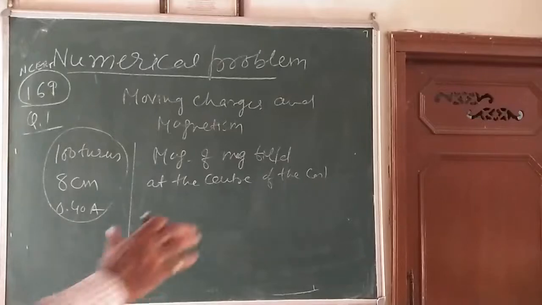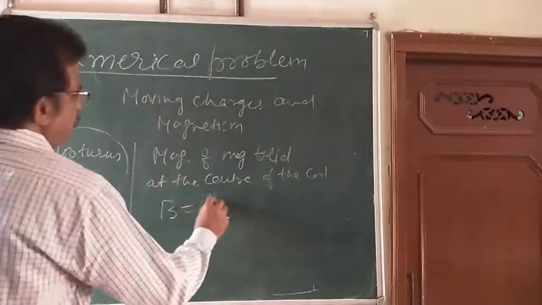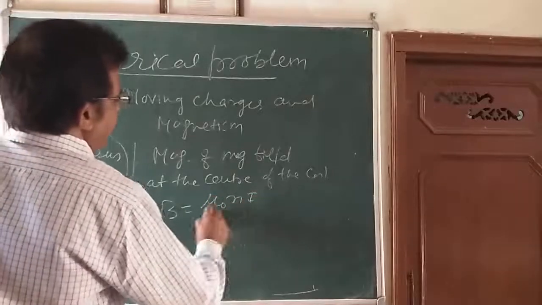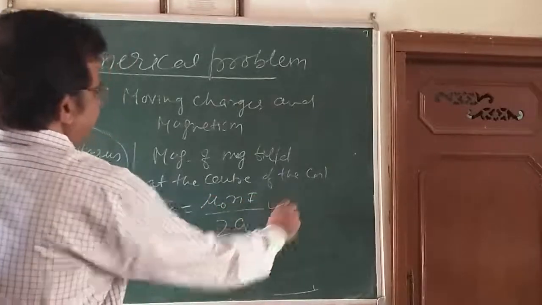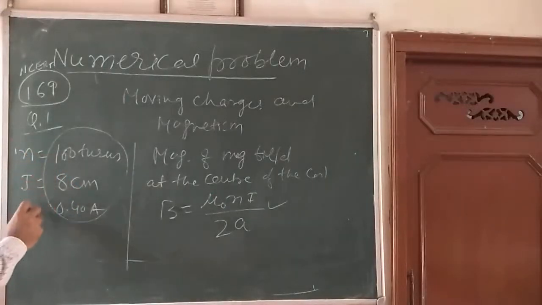So dear children, the formula which we use here is B equals mu naught N I divided by 2a. Here N is the number of turns, here is the current, and here is the radius a, the distance. All are given.